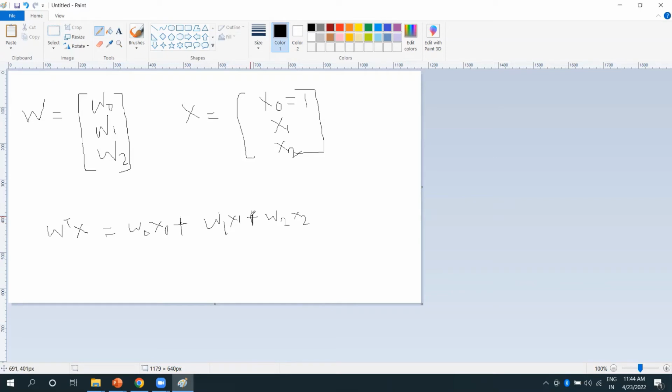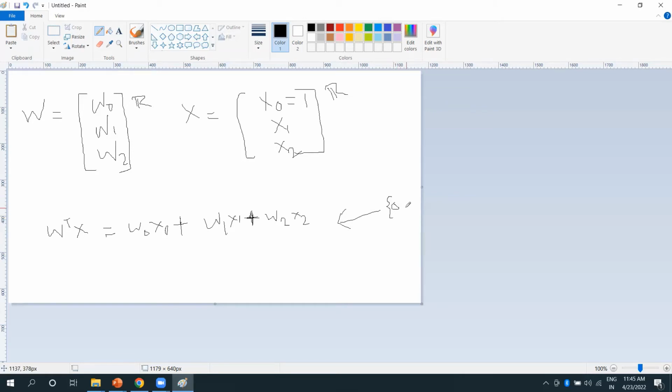Let's say you have some values over here, x1 and x2, and you only want 1 and 0. These weight vectors have some values, all of these are real numbers, and all of these are real numbers as well. So this expression may or may not be equal to 0 or 1.